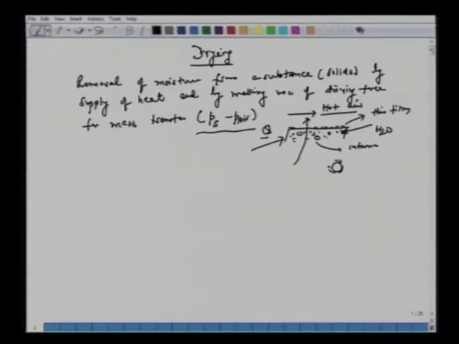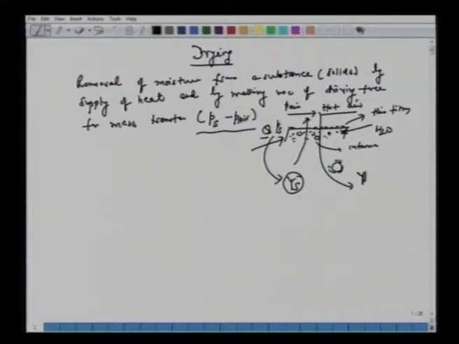As a consequence of this driving force, what driving force are we talking about here? We have this PS, the partial pressure of moisture in the vicinity of the solid surface, and in the atmosphere or in this air. Equivalent to this PS, we can think of some YS, some kg of moisture per kg of solid at the solid surface, and here we can have some Y, kg of moisture per kg of air.